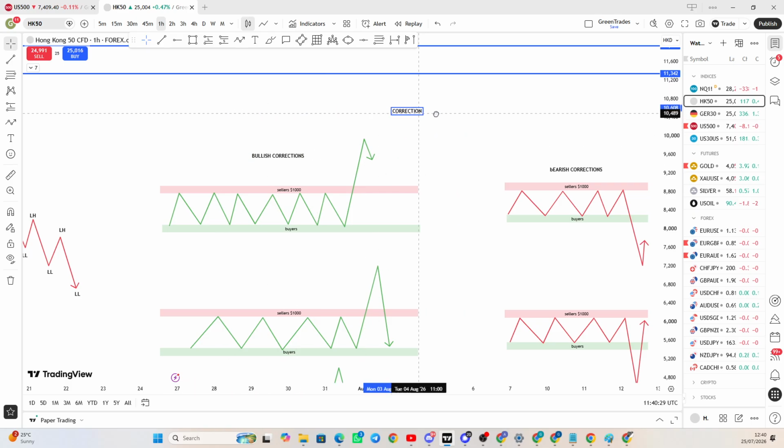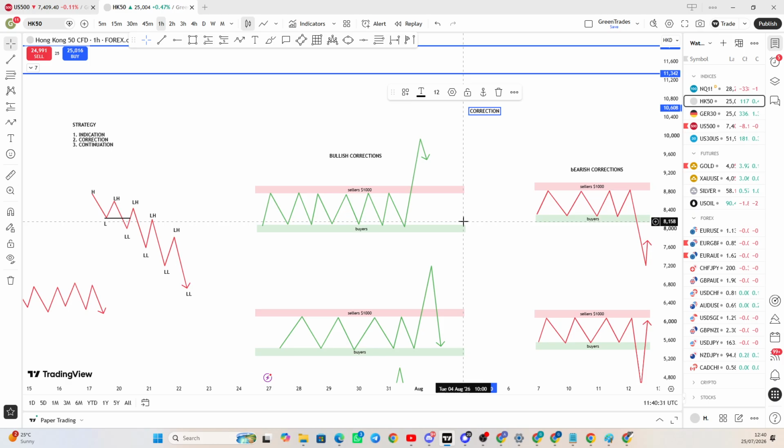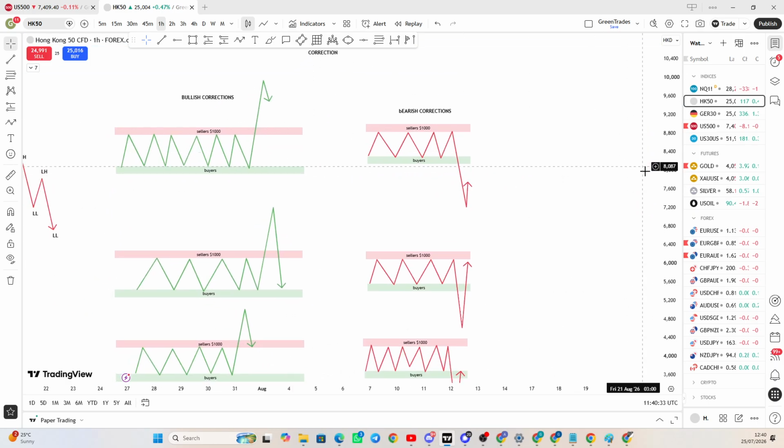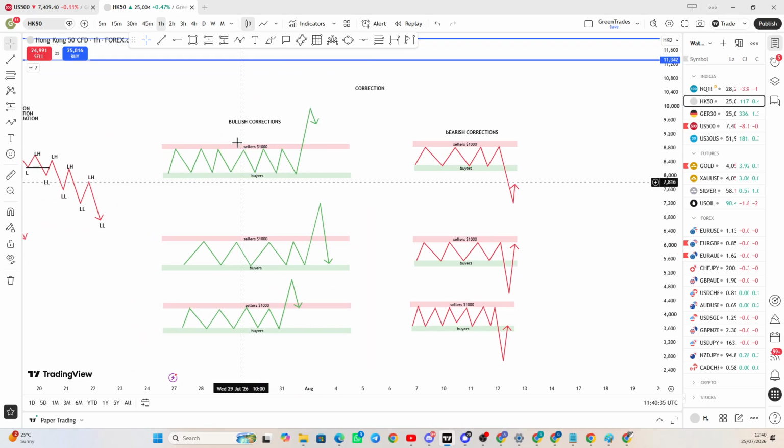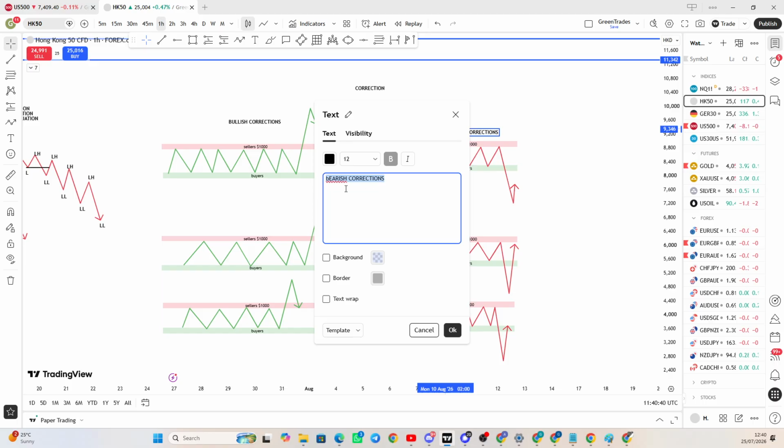This correction, this is examples of how it looks like when it's bullish, and these are examples of what it will look like when it's bearish. So you don't get confused at all. It is very simple, it's very easy.